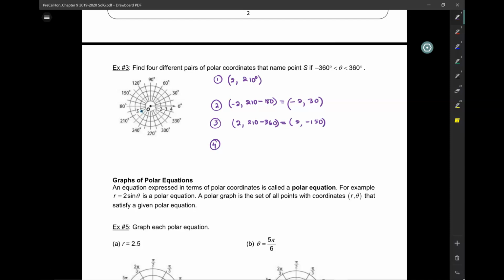Another thing I could do is I can take this coordinate point and do negative 2 and subtract 360 from here. So lots of different options. Okay?